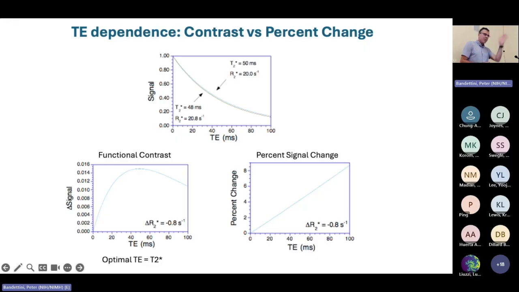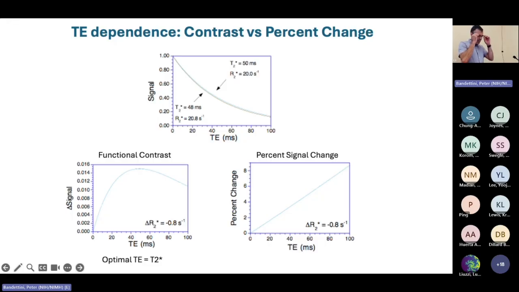When you set your echo time on your pulse sequence on the console, this is a simulation meant to be at 1.5 Tesla. So at 3 Tesla, it's about maybe 30 milliseconds. So that's where that peak is. That's why you set it there, because that's where the maximal contrast occurs between the two exponentials.